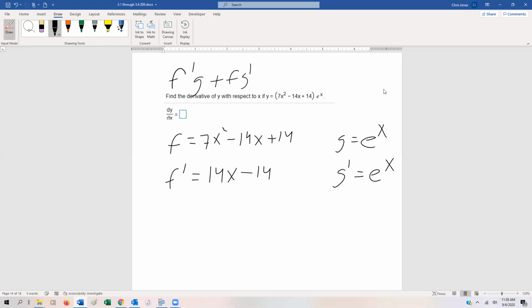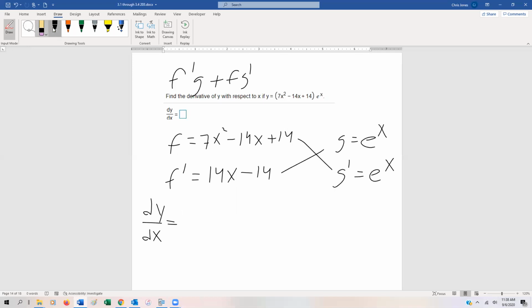prime. So we have f prime g, f g prime. And so dy dx is going to be equal to f g prime. Now be careful. So this, I'm sorry, f prime g. I started to write that backwards.